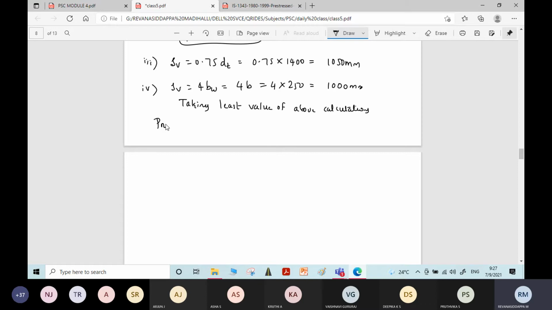Provide 4-legged 8 mm dia stirrups or vertical stirrups at 230 mm center to center. Okay, that is at near the support.